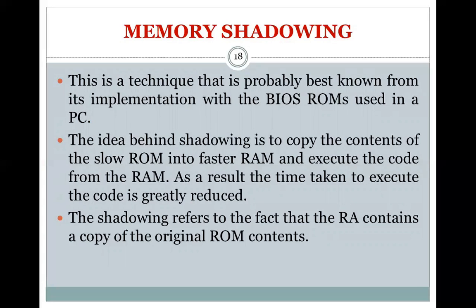The idea behind shadowing is to copy the contents of the slow ROM into faster RAM and execute the code from the RAM. As a result, the time taken to execute the code is greatly reduced. The shadowing refers to the fact that the RAM contains a copy of the original ROM contents.